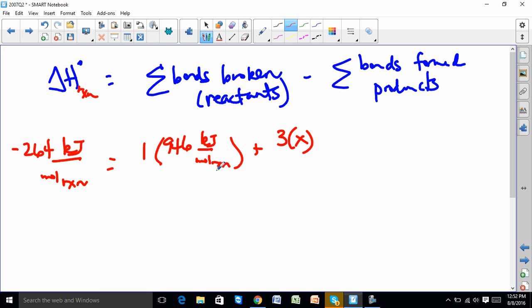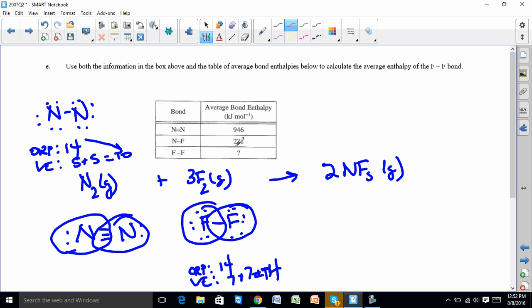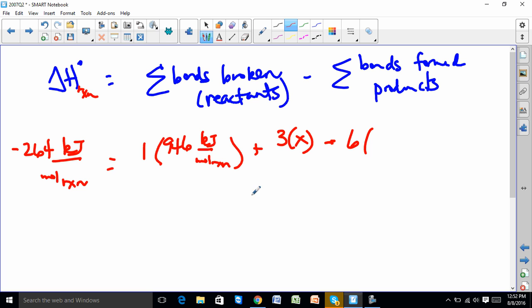But then we have to subtract the bonds formed. So there's 6 NF bonds formed. That is 272 kilojoules per mole. By the way, these bond enthalpies are always positive. It always takes energy to rip things apart that are connected. So then 6 times negative 272 kilojoules per mole Rxn.